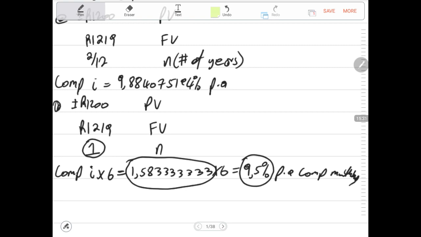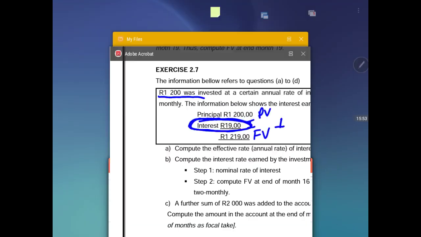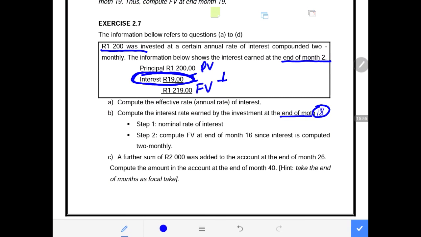But it is compounded every 2 months. Now, this is what we call the nominal rate of interest. This is the nominal rate, the one that is compounded 2 monthly in this case. Nominal rate of interest, compounded 2 monthly. So we have calculated the nominal rate of interest.